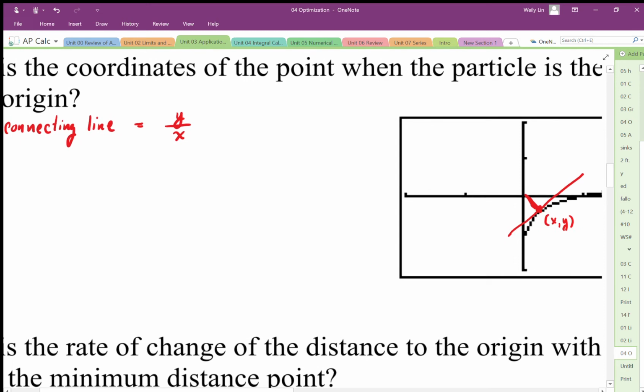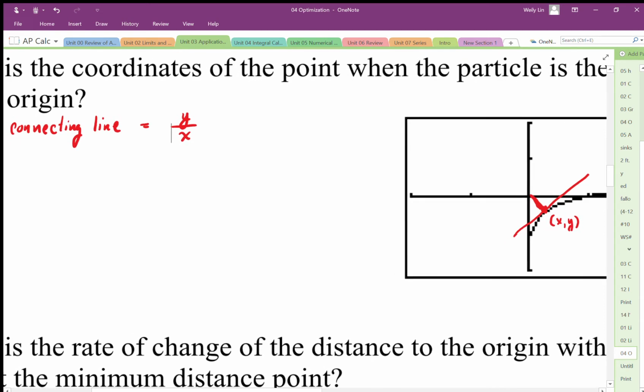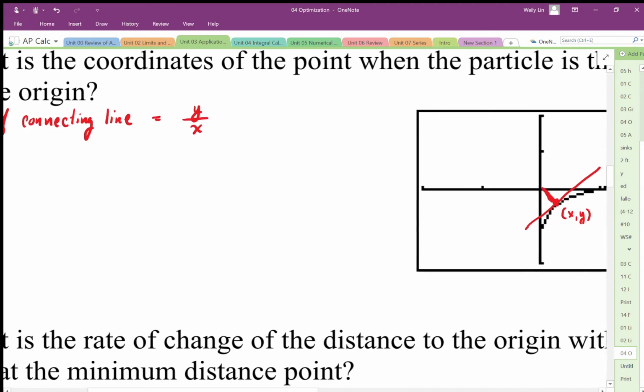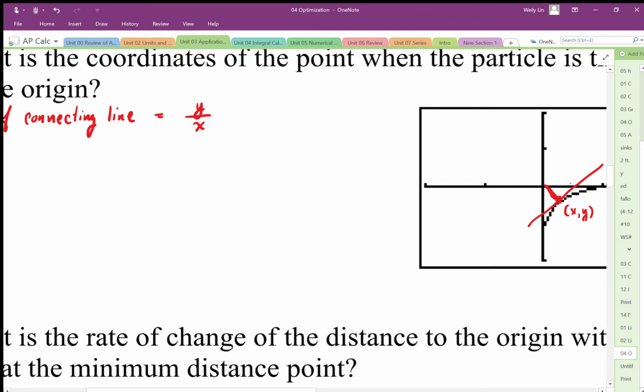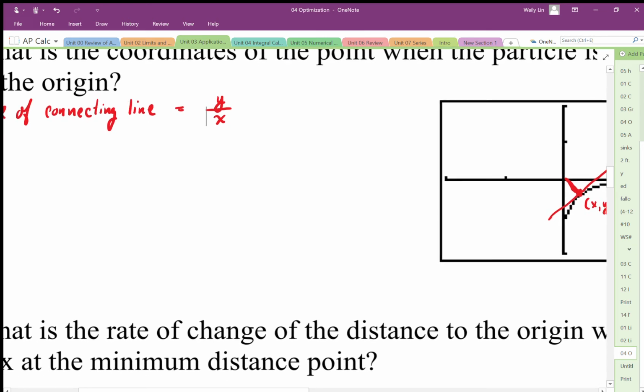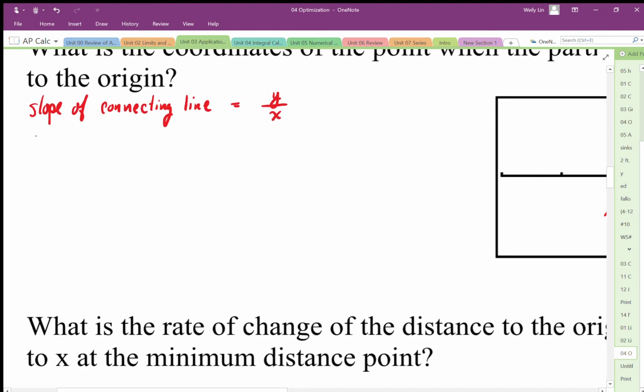Now we can use the property that the slope of this line is going to be the negative reciprocal of the slope of the tangent line, which is the derivative y prime at x.